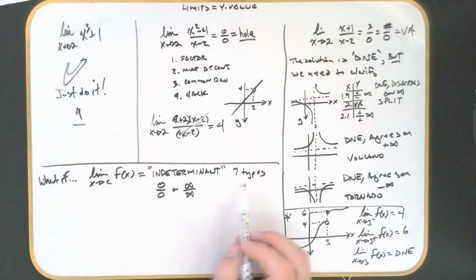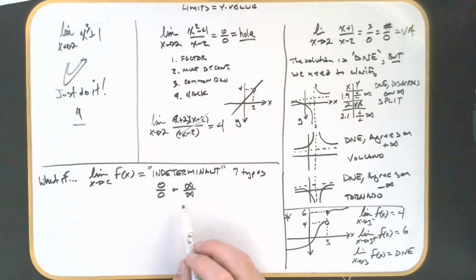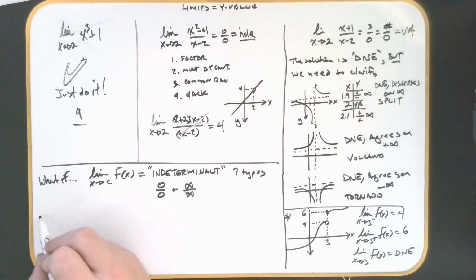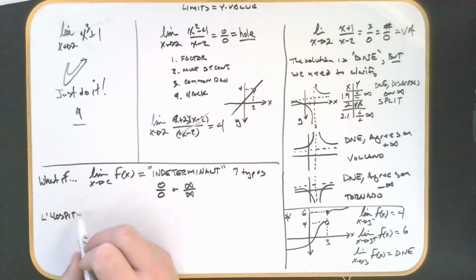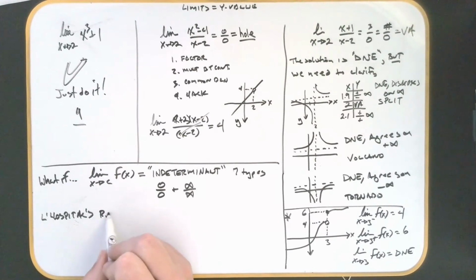So when you get what's called indeterminate form, you get to use this new property by L'Hopital, and it looks like L apostrophe Hopital. So this is called L'Hopital's rule.